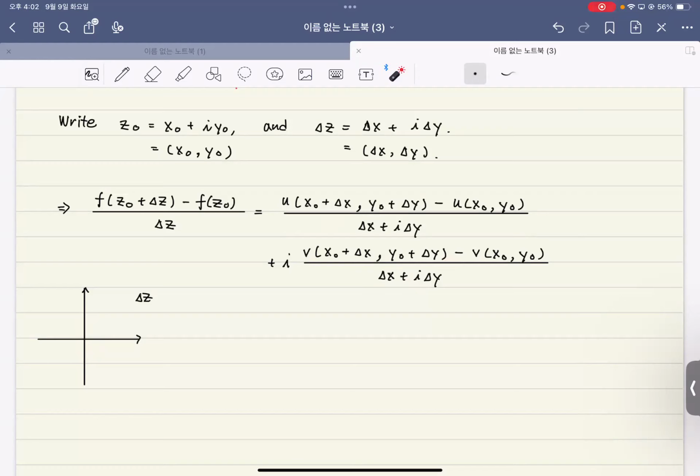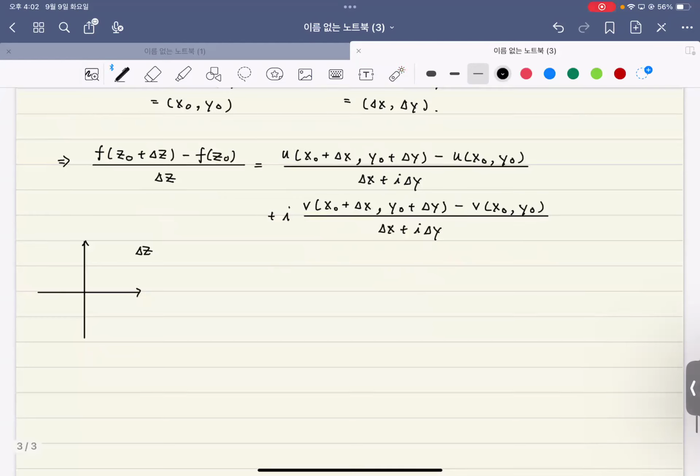Okay, so first, let me choose the horizontal path, tending to 0. So case number 1: I am taking the horizontal approach.